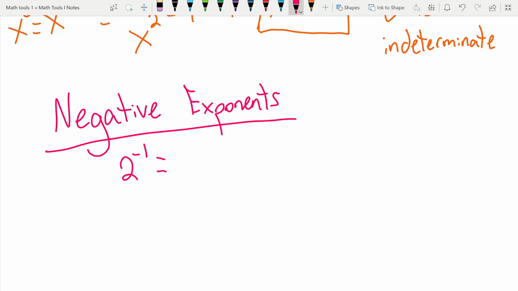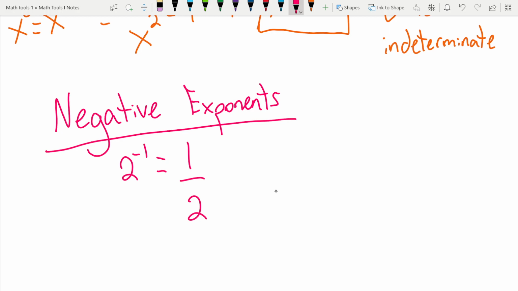A negative exponent is defined as the multiplicative inverse of that number, which is another way of saying the reciprocal, which is another way of saying that we just flip the number over. So this is going to be 1/2.